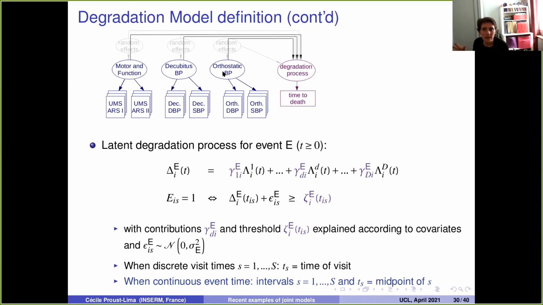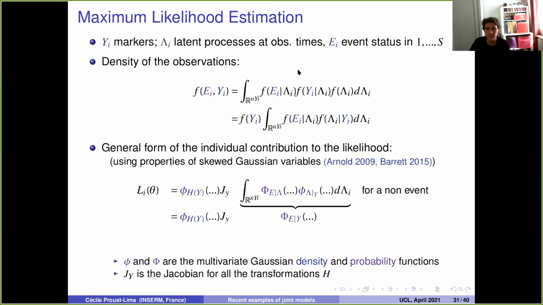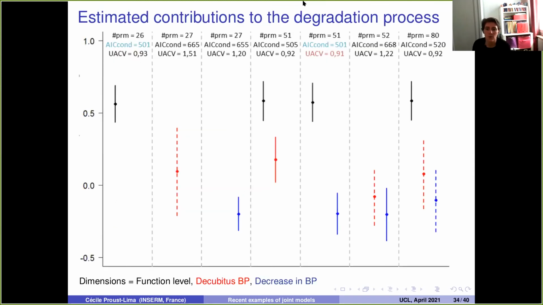We were not able to compare them on a global criterion because they don't use the same type of information for the longitudinal part. So we compared them according to information criteria based only on the survival part, and this is what is reported here.